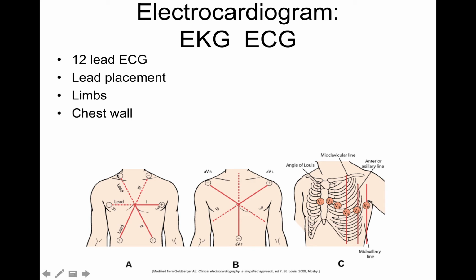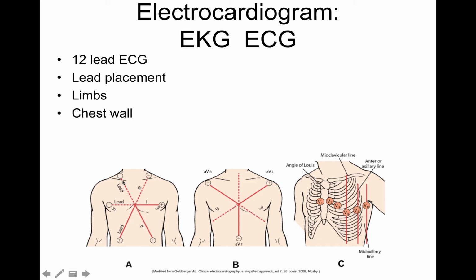The importance of lead placement is a big deal, because where you place your leads can give a different deflection. Typically, just like any electrical activity, when we place leads or stickers on the chest, we are going from a negative to a positive deflection.